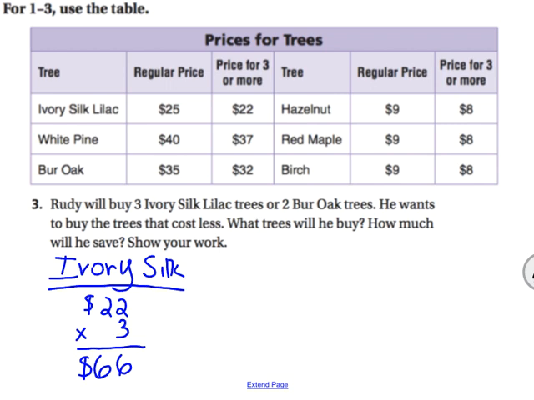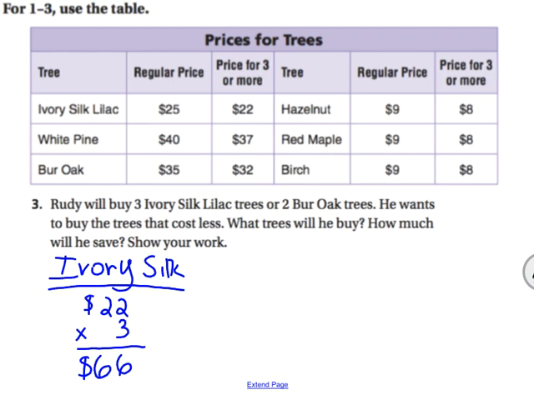Now let's be careful. Next to bur oak, the regular price is $35. If you're buying 3 or more, it's $32. However, we're only buying 2, so we don't get the discounted price. We have to pay the regular price of $35 each.